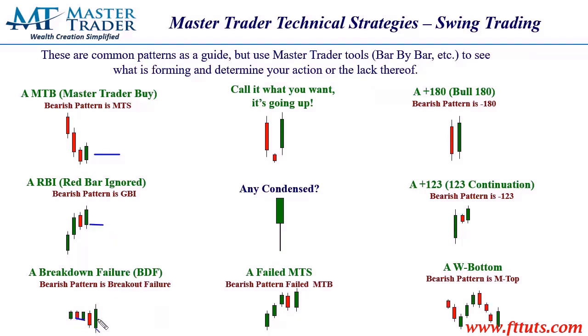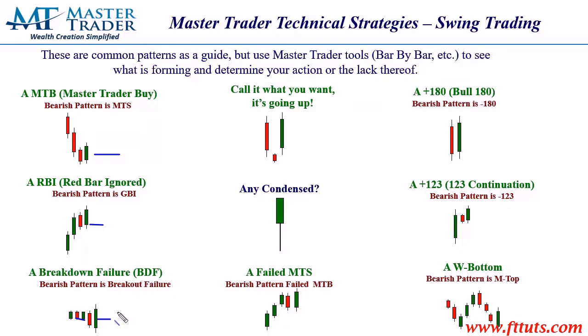A little breakdown failure, and in this case the way I've created this is you've got a big wide range green bar around the red bar. And again, repeating, these are bullish setups, which by definition means they're in uptrends or they're at some support or they're bottoming, and the macro time frames are pointing up.